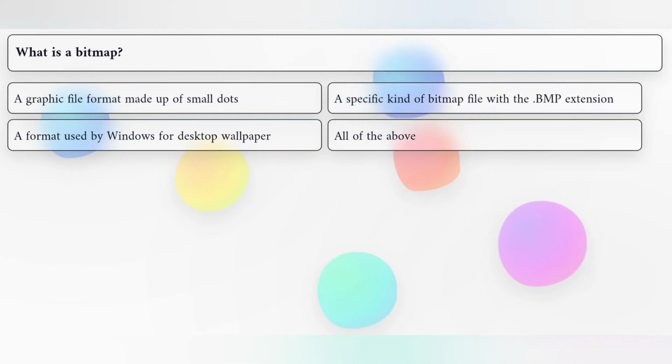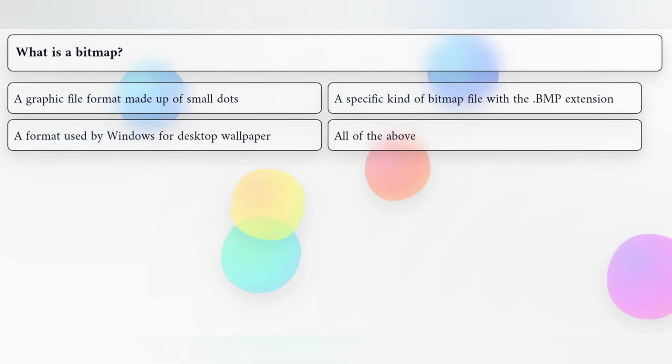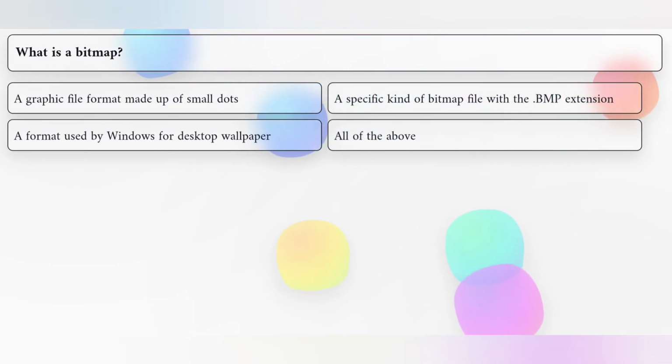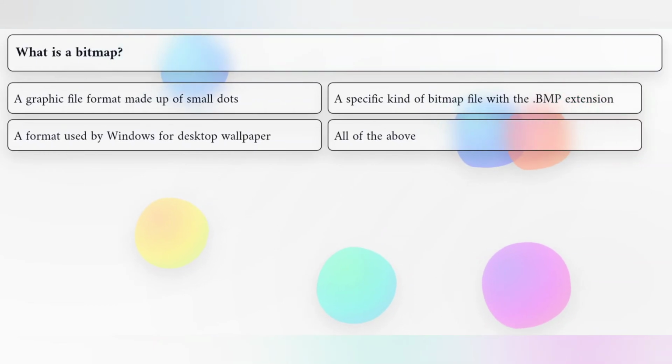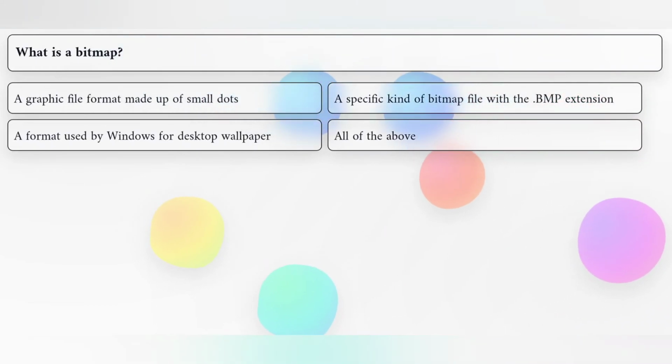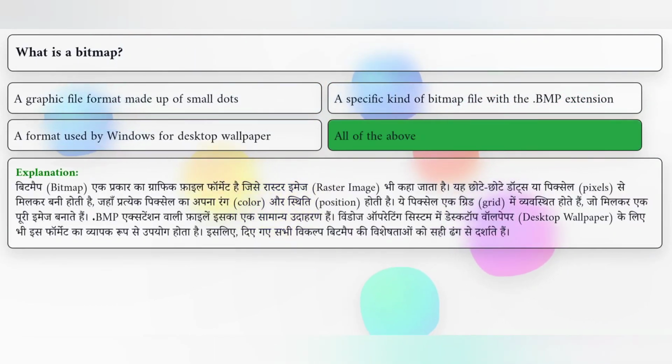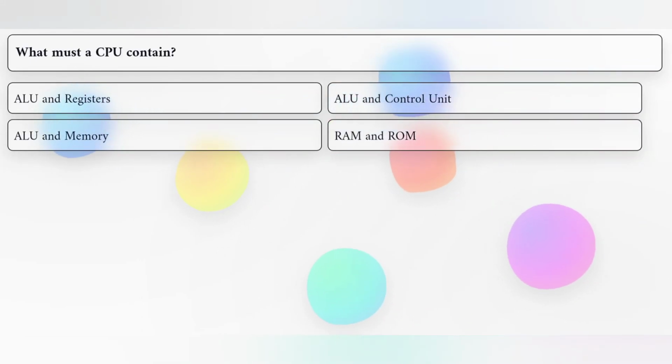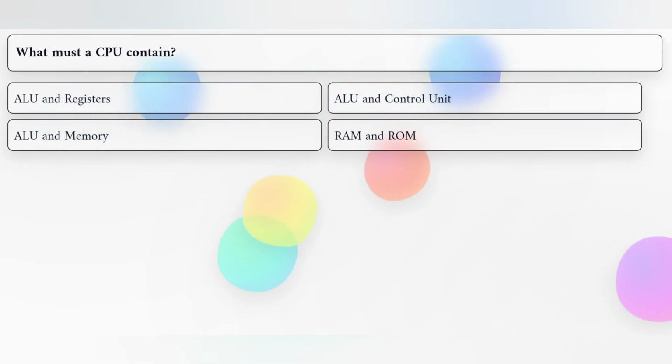A graphic file format made up of small dots. A specific kind of bitmap file with a BMP extension. A format used by Windows for desktop wallpaper. All of the above. What must a CPU contain? ALU and registers, ALU and control unit, ALU and memory, RAM and ROM.